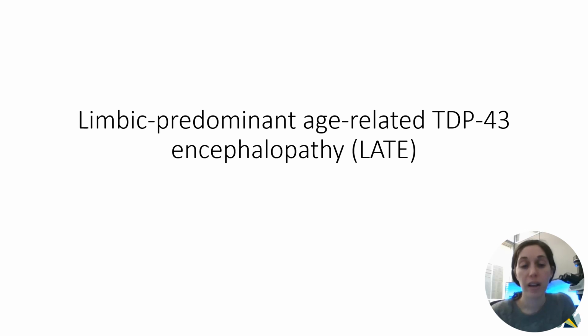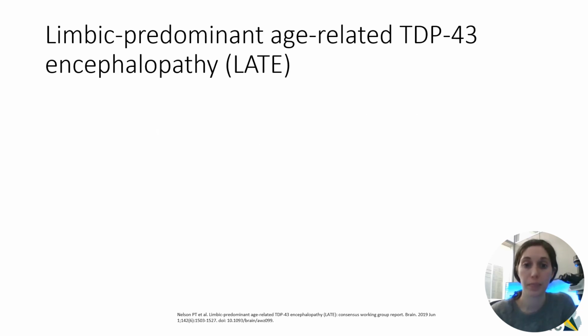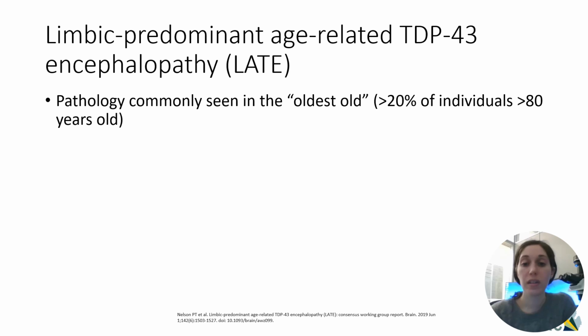All right, and then finally, the last neuropathologic entity I'll discuss is LATE, or limbic predominant age-related TDP-43 encephalopathy. So this is a pathology that is actually quite common if you look in the population of individuals greater than 80 years old, which we've termed, quote unquote, the oldest old.